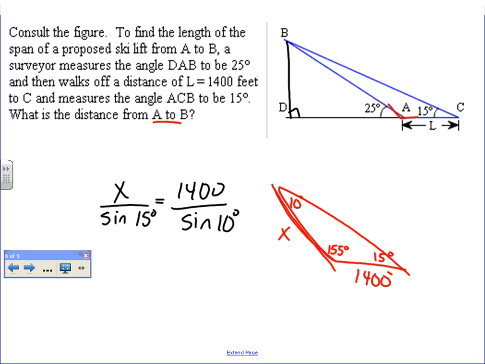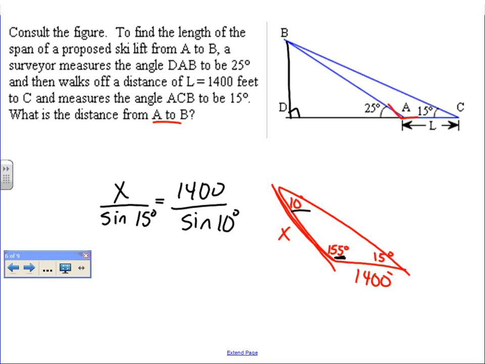Now we can cross multiply to get there. So all I was looking at is that triangle on the right. Did you see how I figured out that that was 155 right there? You had to find that angle, and from that angle, you could find that angle.